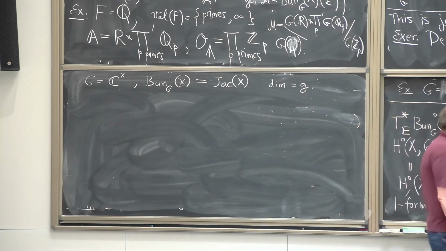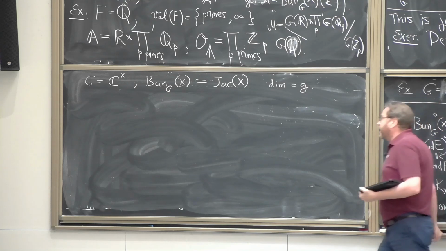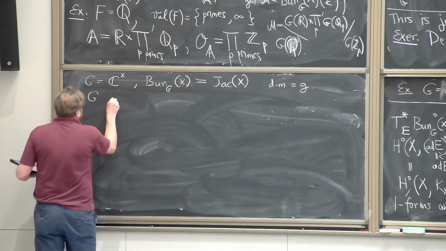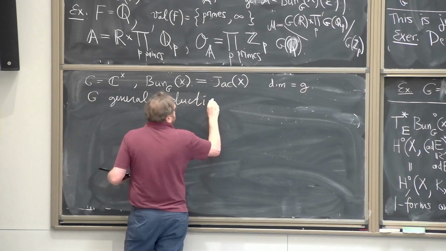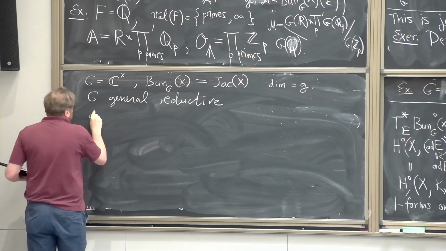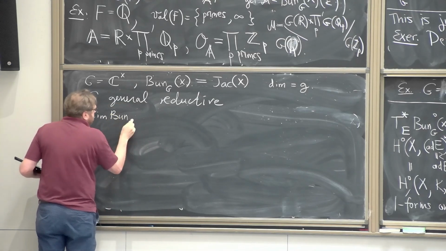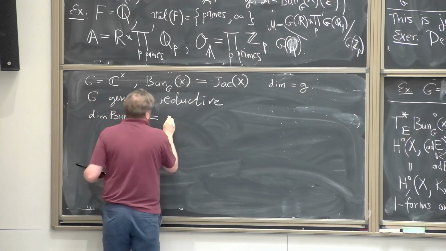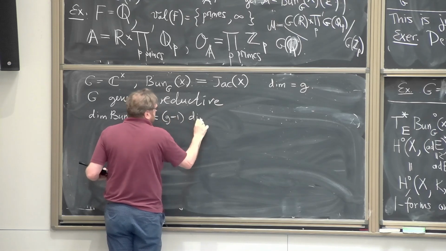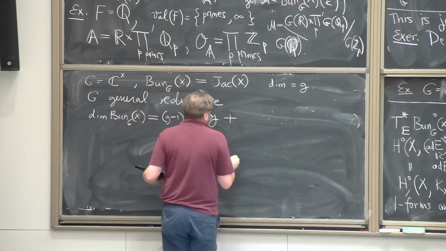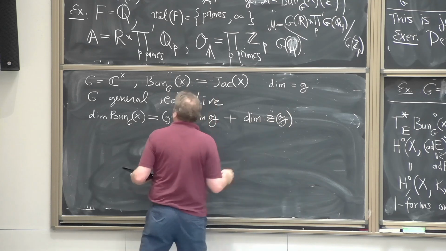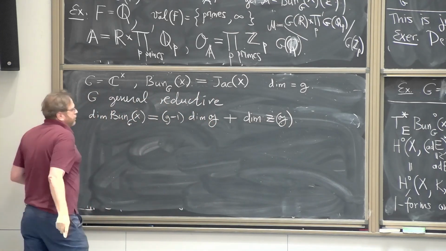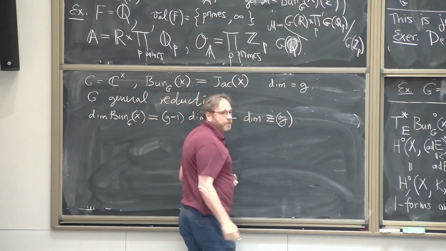And this means that if your group is a mixture of semi-simple and abelian, so any reductive group, G a general reductive group, we get the dimension of Bun_G equals (g minus 1) times the dimension of the Lie algebra plus the dimension of the center of this Lie algebra. Because for each commutative component, we get an extra unit: we have g instead of g minus 1.